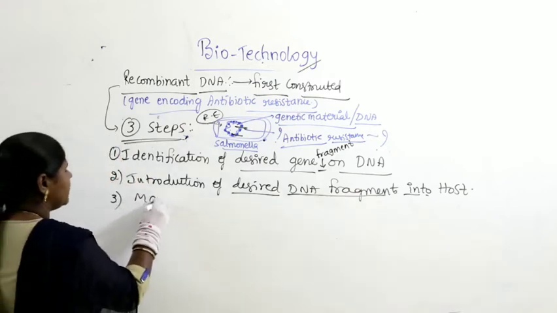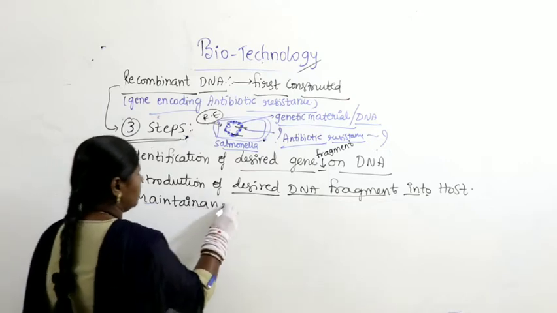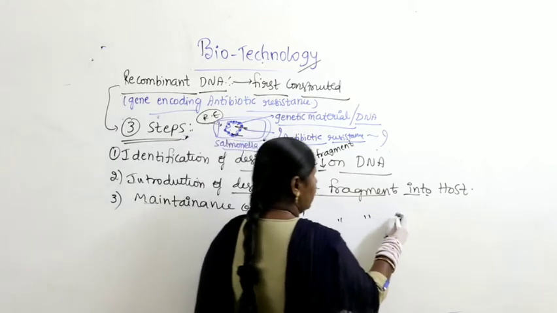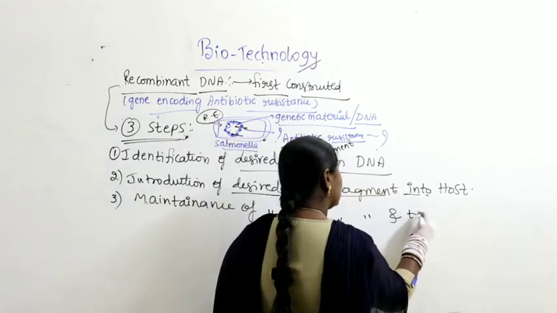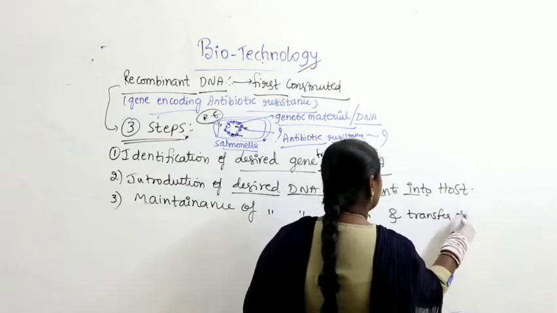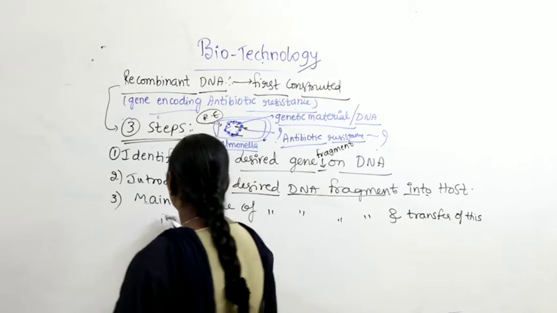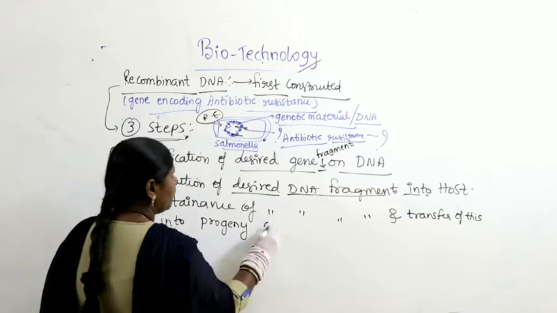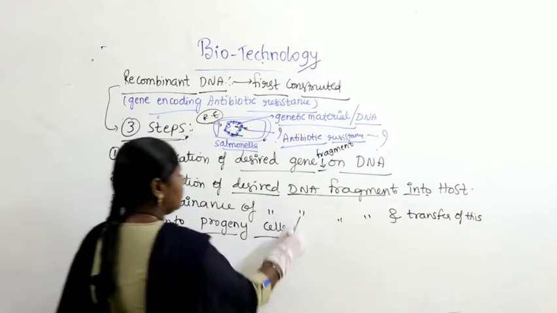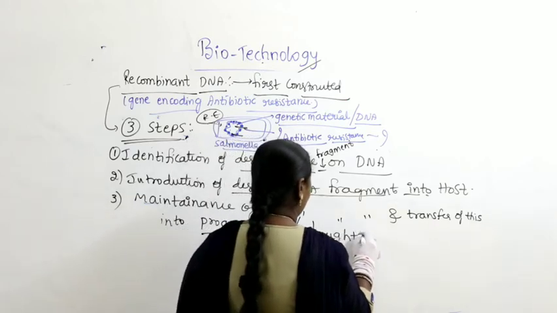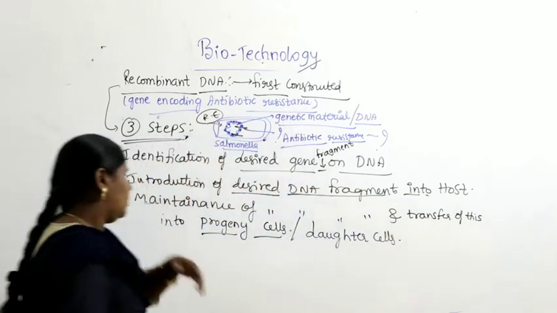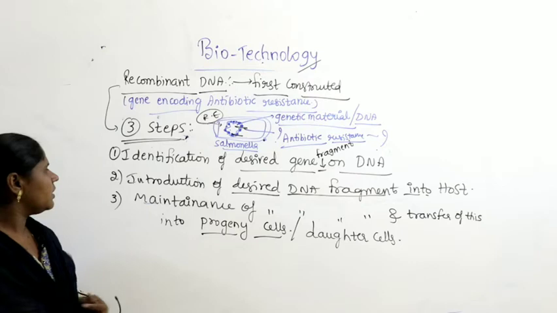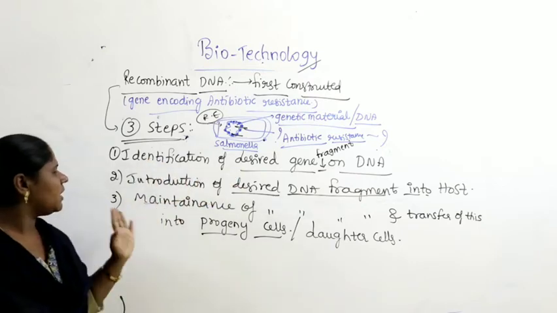The third step is maintenance of the desired DNA fragment and transfer of this into progeny cells. Progeny cells means daughter cells.